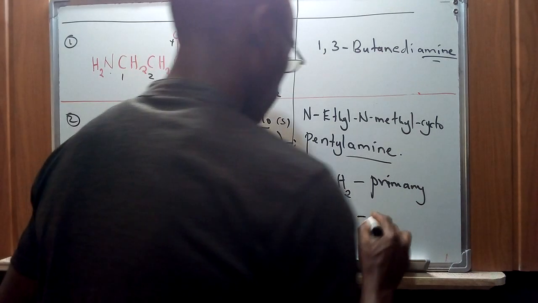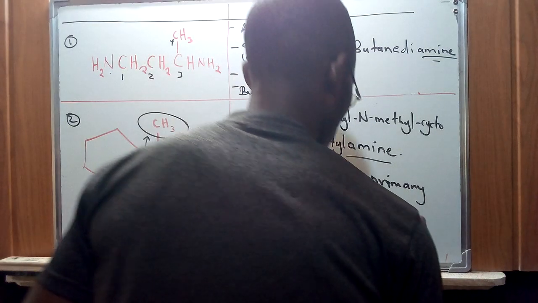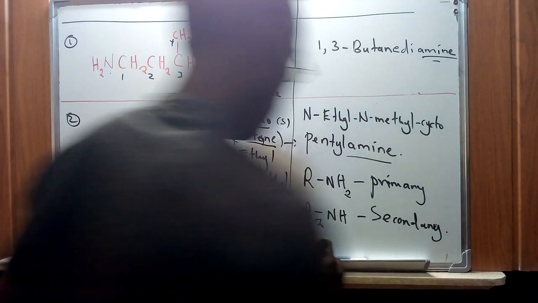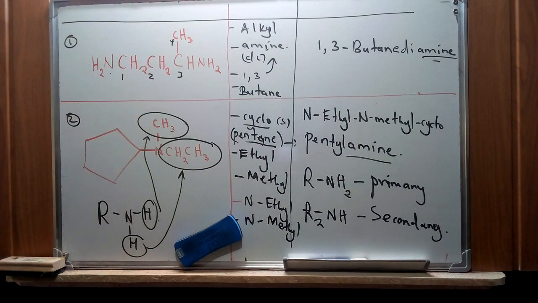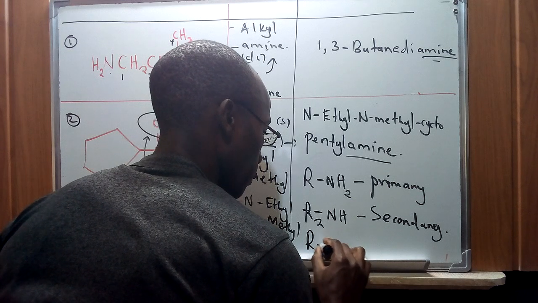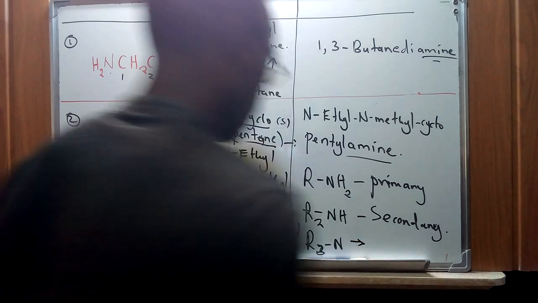This one is secondary amines. And then there's one where we are going to have 3 radical groups, same or different, on the N, and for that case we're going to have a tertiary amine.